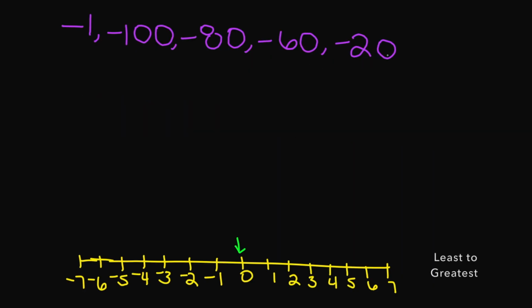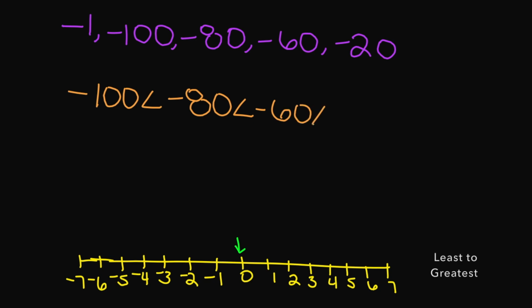Let's look at this example: -1, -100, -80, -60, -20. The smallest number here, from least to greatest, is -100 first, which is less than -80, which is less than -60, less than -20, and then less than -1. The smallest number here is -100, and the larger number here is -1.